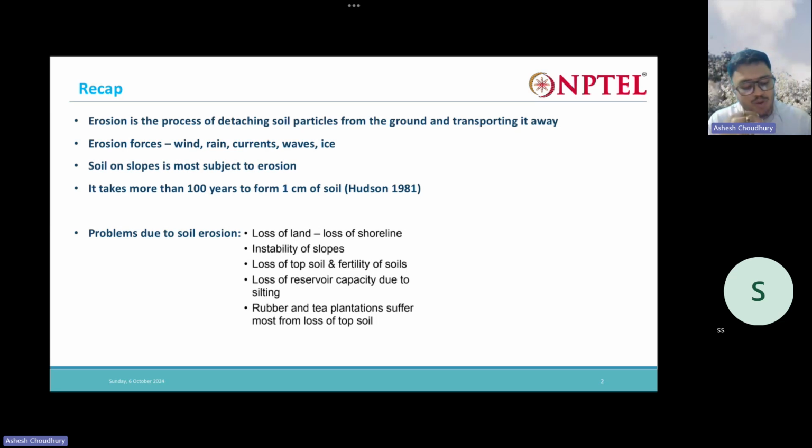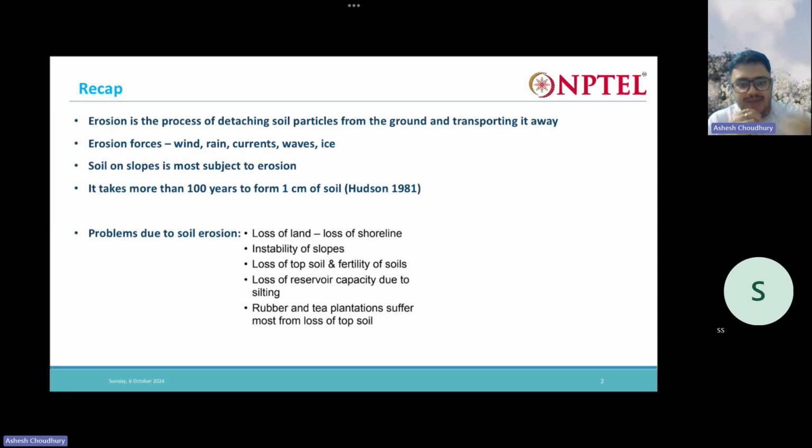Now, what are the various problems due to soil erosion? As I said, loss of land, right? Loss of shoreline due to the high currents of the seas and oceans. The shoreline gets reduced. A lot of land is lost because the high currents in the oceans break down the soil.